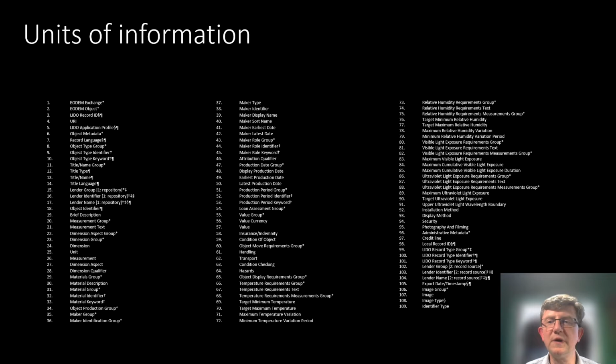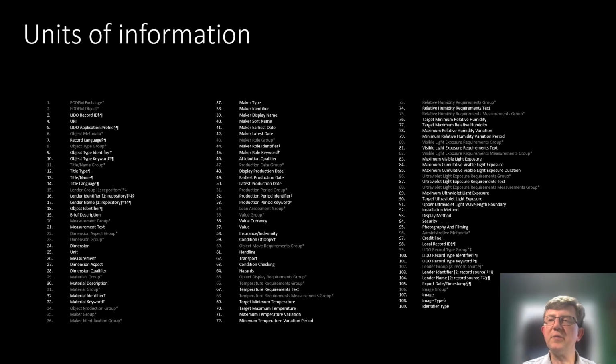First of all, 33 of them are wrapper units, which contain no actual data, but only descendant units. These are imposed upon us by the LIDO data structure. Another 14 units are made up of keyword identifier pairs, and for 6 of those pairs, we only require the keyword element if it is included in the record.